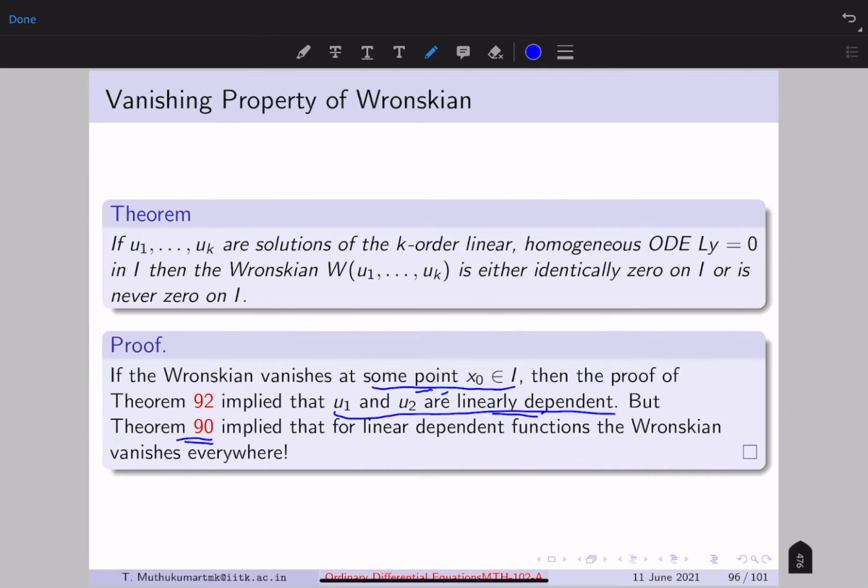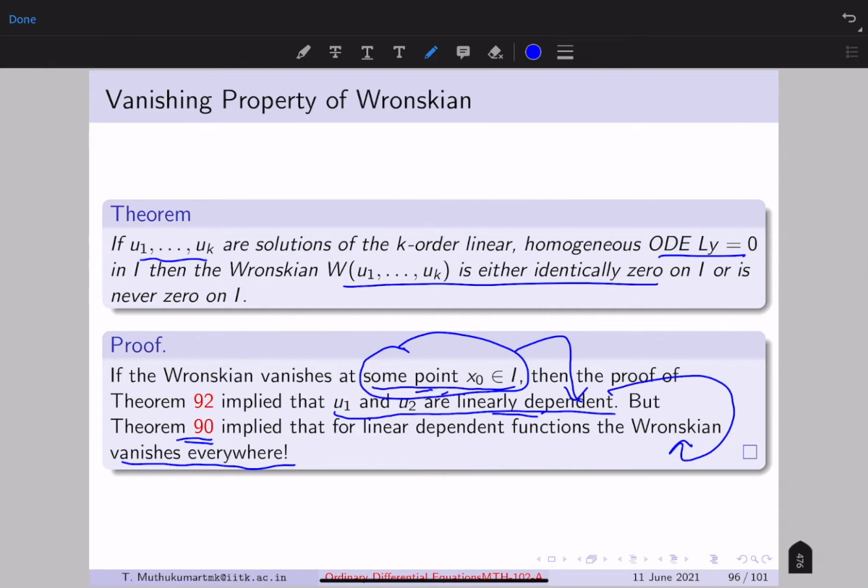So if the Wronskian vanishes at some point, that implies linear dependence, and linear dependence implies that the Wronskian vanishes everywhere. Which is why, if the functions are solutions of an ODE and the Wronskian is 0 at some point, then it's identically 0. So a Wronskian is either the constant function 0 or it's never zero.